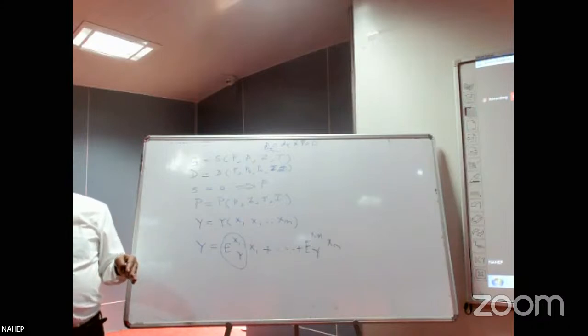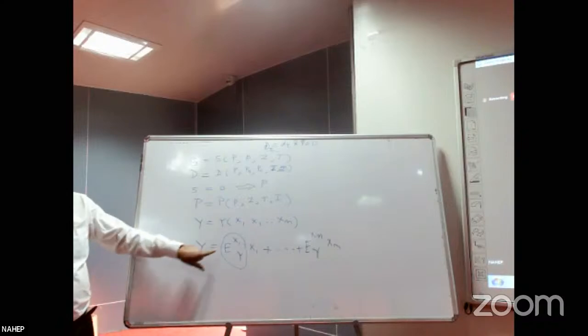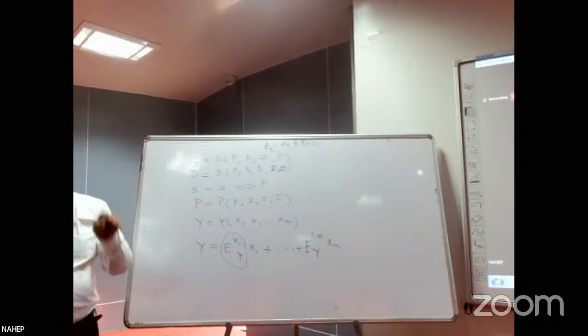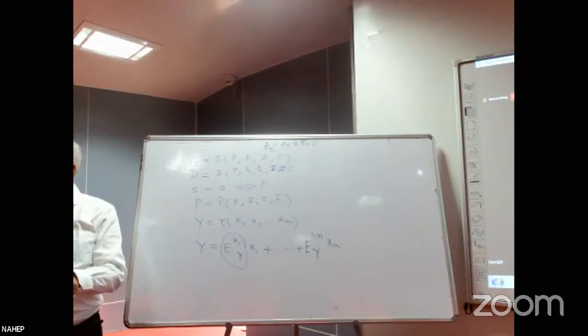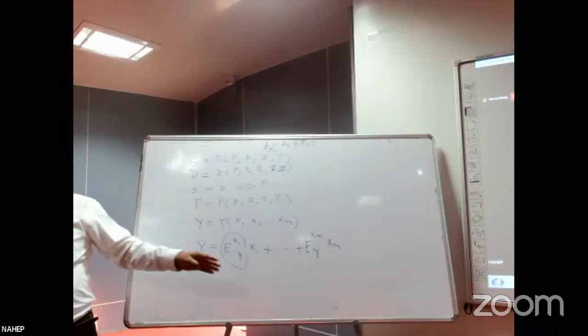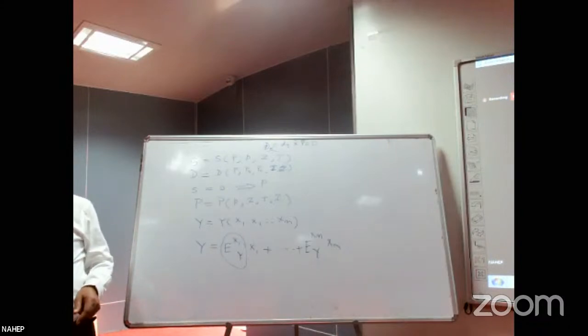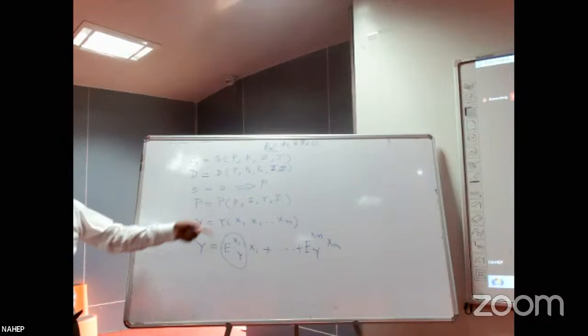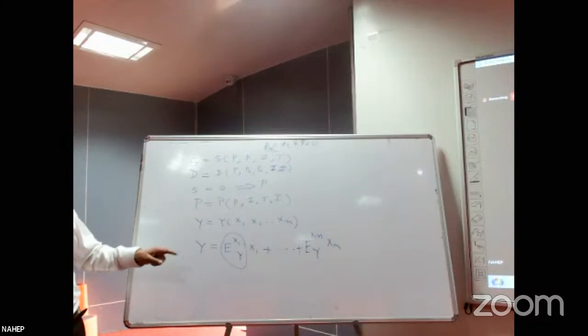In 99% of cases, those who work in policy don't compute elasticity. They take the reliable number of elasticity from the published literature and then apply it to the formula and work on it. Right?